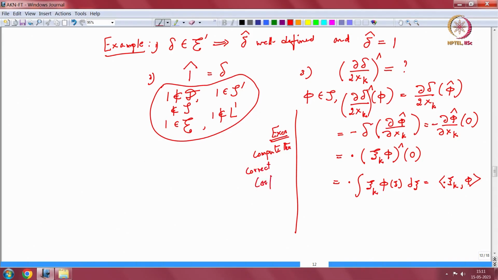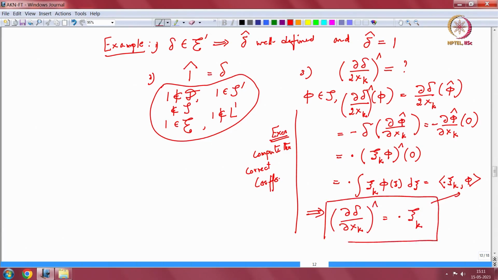Okay, do that one. So what this is precisely telling is that symbolically you can write d delta by dxk as expected. Its Fourier transform is nothing but that constant times psi k. So it is precisely the same rules as when you differentiate.